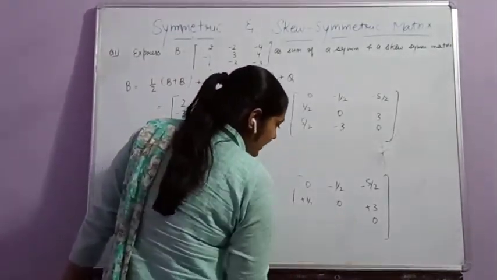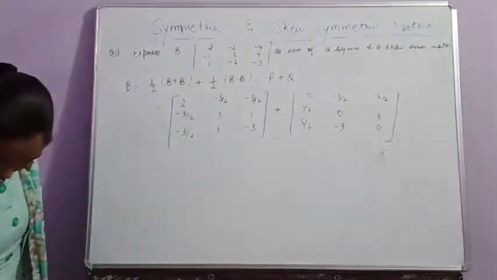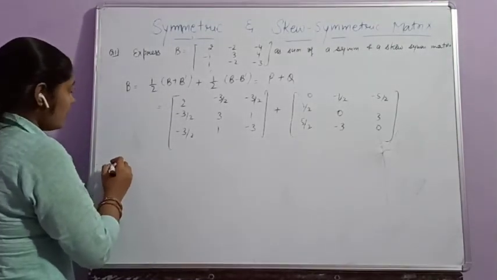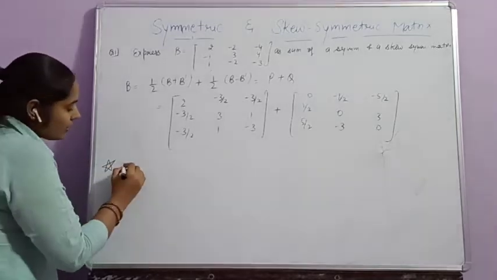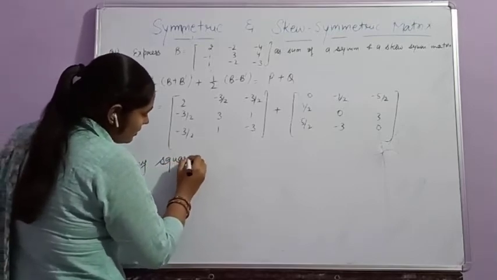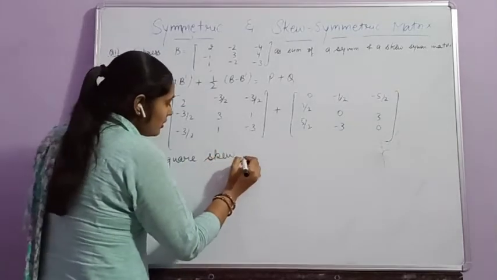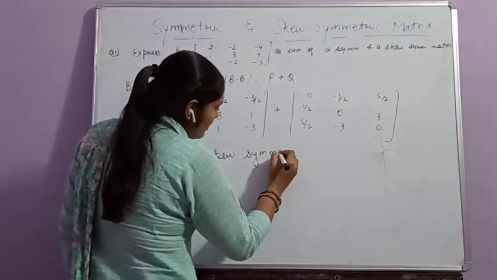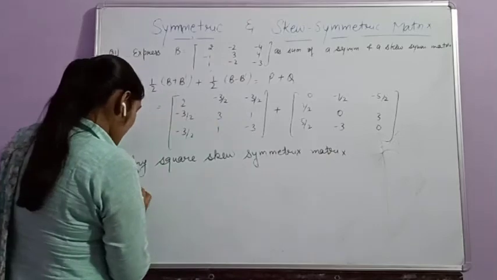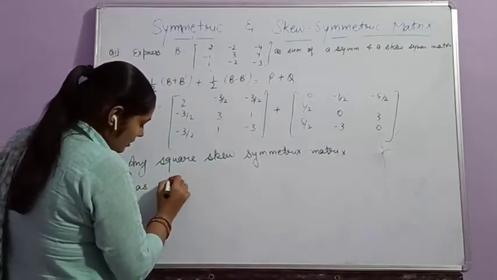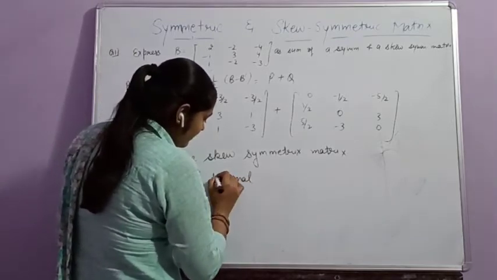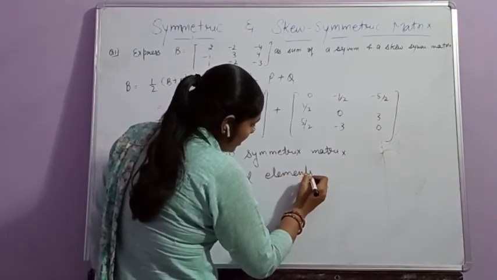an important point, that is any square skew symmetric matrix has all its diagonal elements equal to 0.